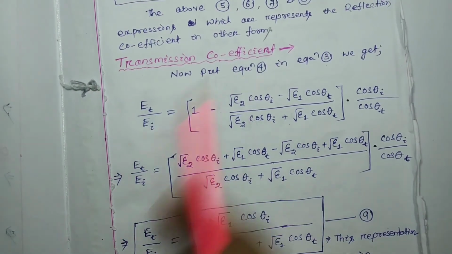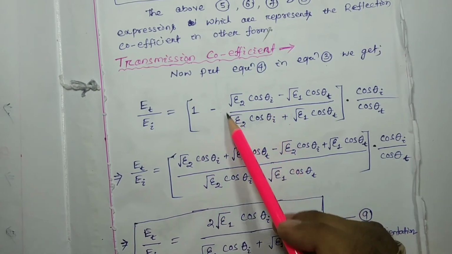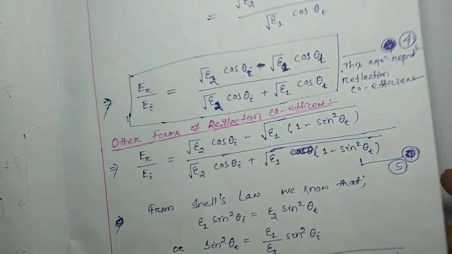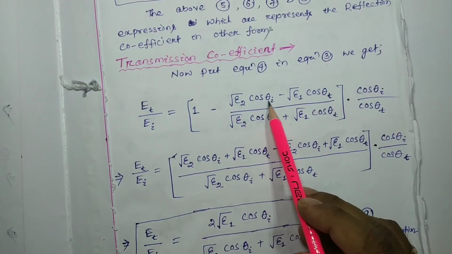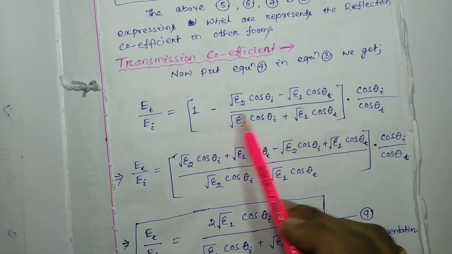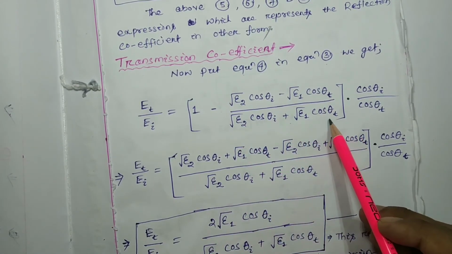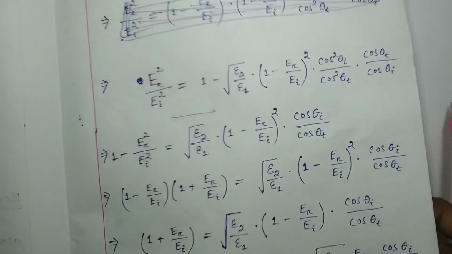What are we going to get? Et by Ei equal to square bracket 1 minus, this value is nothing but equation number 4, epsilon 2 root over cos theta I minus epsilon 1 root over cos theta t by epsilon 2 root over cos theta I plus epsilon 1 root over cos theta t, into cos theta I by cos theta t.